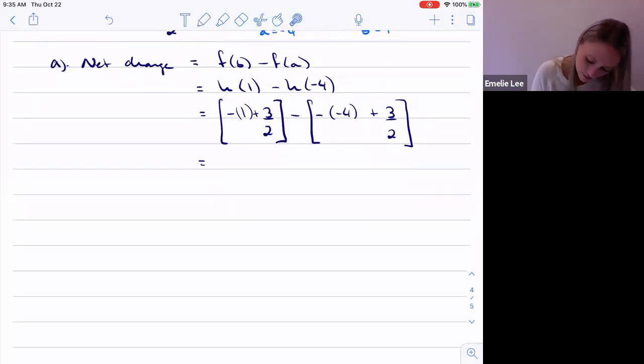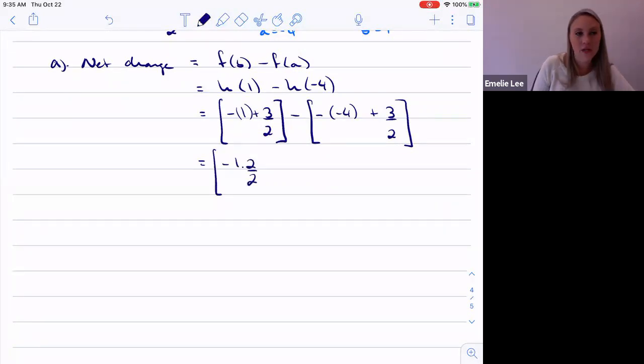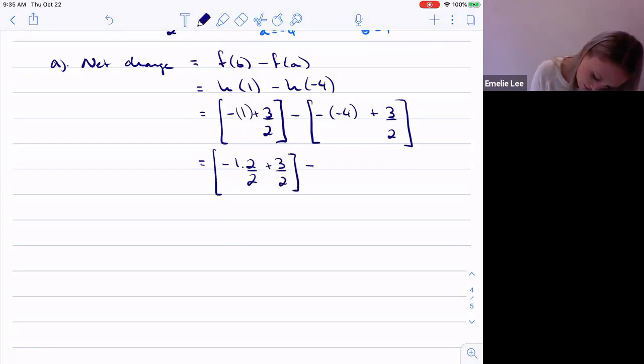Okay, so now I need a common denominator here before I can subtract two fractions essentially, right? So what I have is negative 1 times 2 over 2 plus 3 over 2 minus negative 4, which I'm just going to write as 4 times 2 over 2 plus 3 over 2.